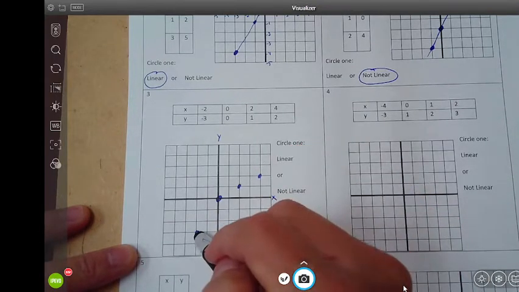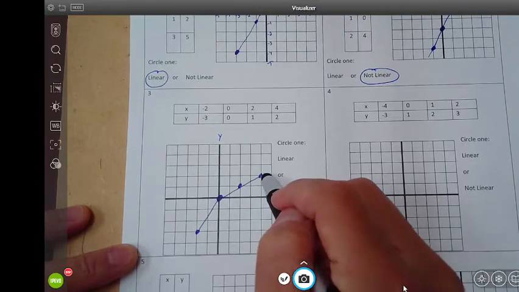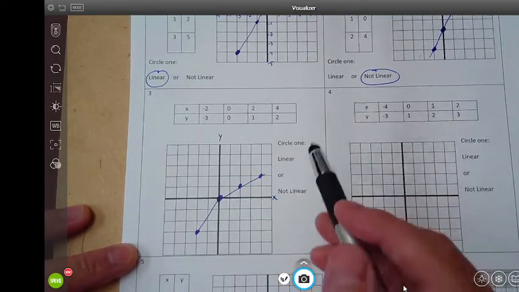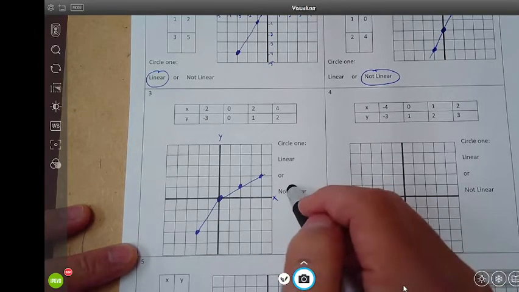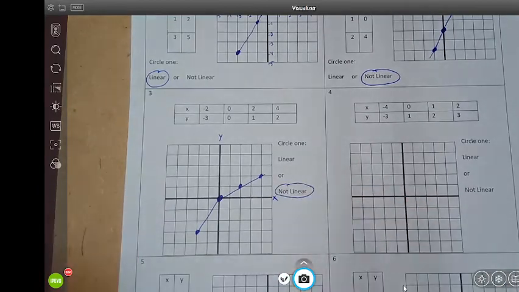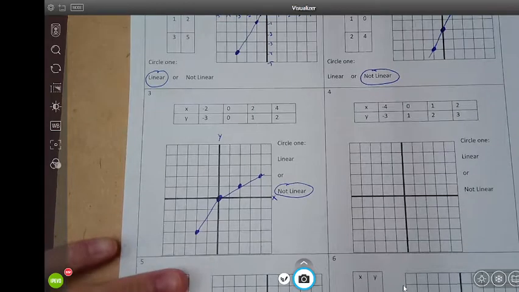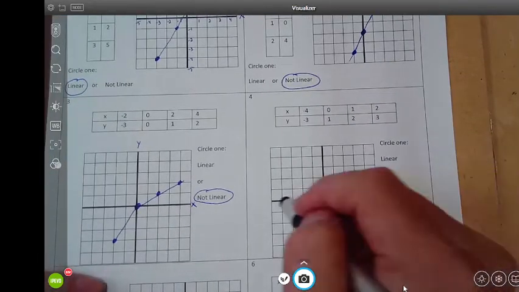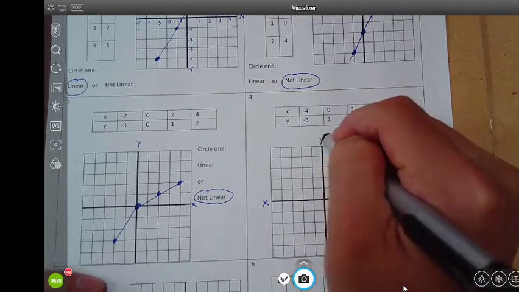If we connect these points, they don't make a straight line. It is a function, none of the x's repeat, but it's not linear. So this is not linear. Let's do one last one. Here's your x, here's your y.